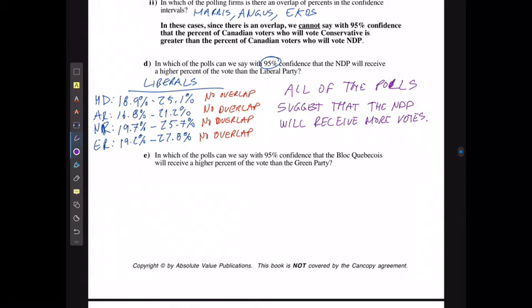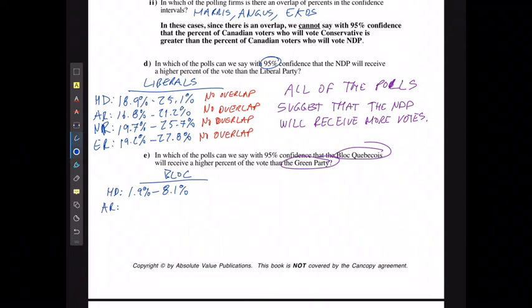And if we did the Bloc Québécois and the Green Party, then I would need to check what the confidence interval is for both of these. So I'm going to say for Bloc, if I take a look at it, it's going to be from 1.9% to 8.1%.